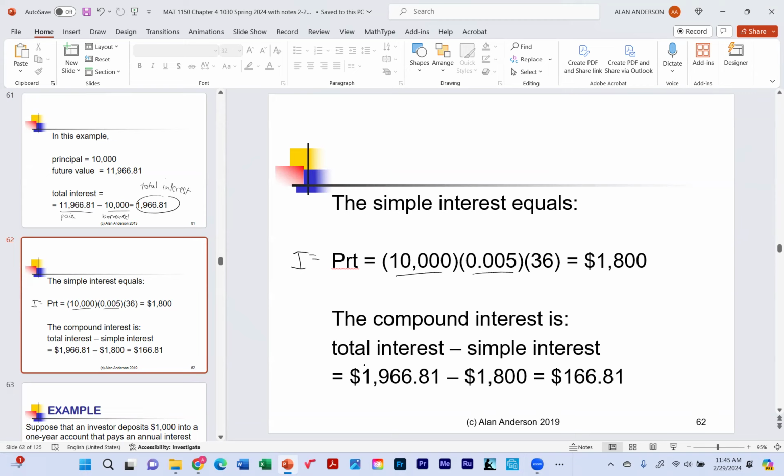This is the monthly rate of interest, by the way. And this is the number of months. That equals 1,800. Well, that means that if we paid a total of interest of 1966.81 and 1,800 of it was simple interest, then whatever's left over must be compound interest.